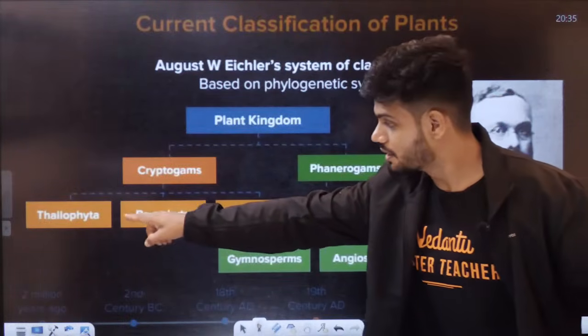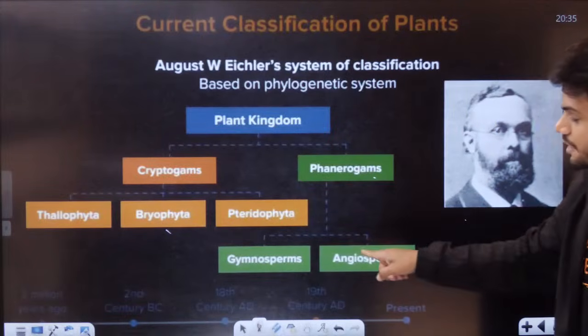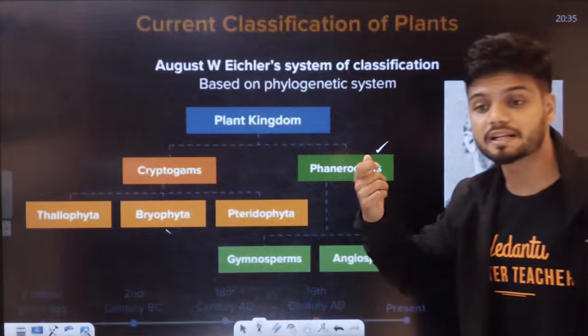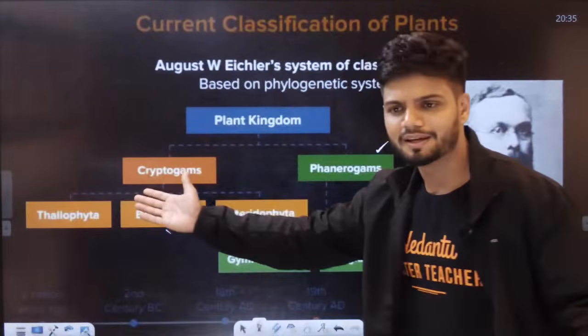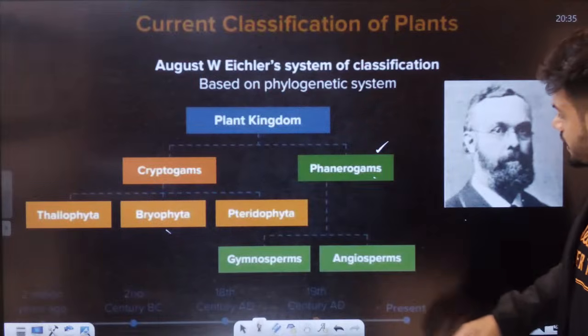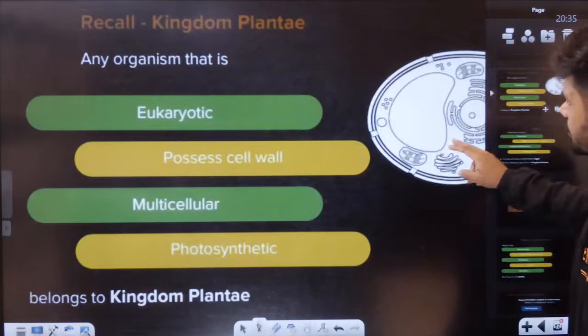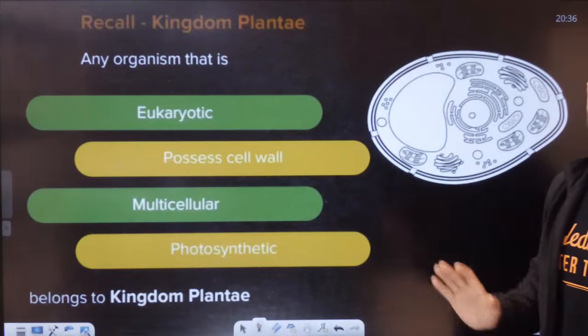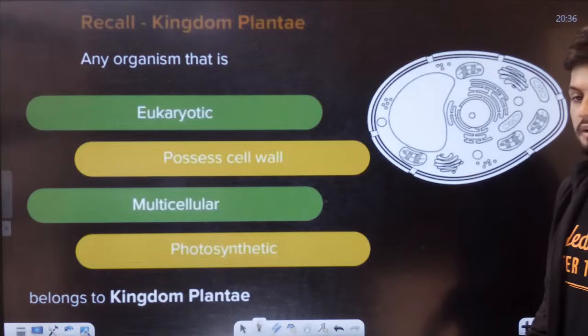Phanerogams are gymnosperms and angiosperms. Phanerogams have seeds. Cryptogams do not have seeds. Simple as that. Seed and no seed. Now students, here is your final verdict on plants: eukaryotic, cell wall, multicellular, photosynthetic, plantae.